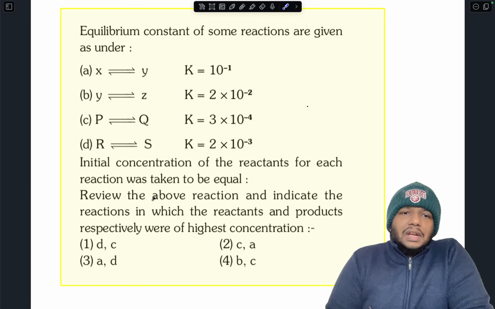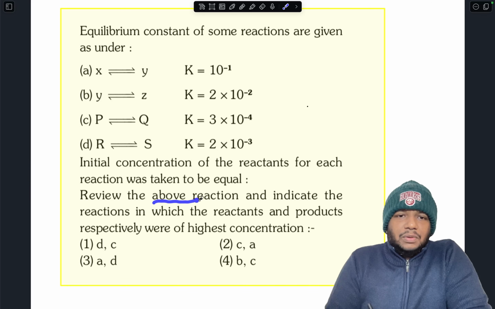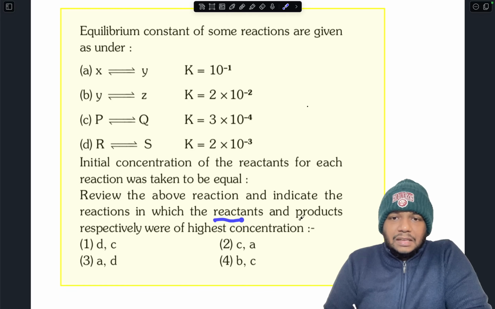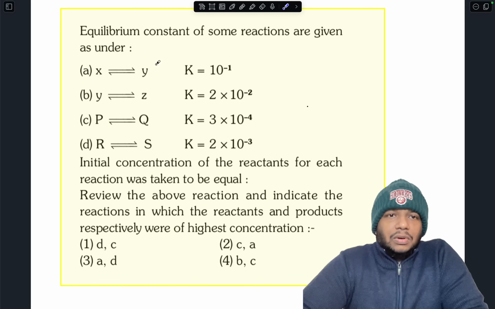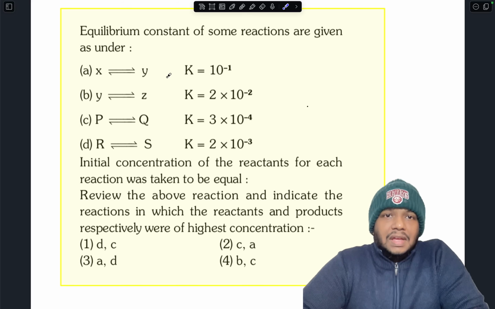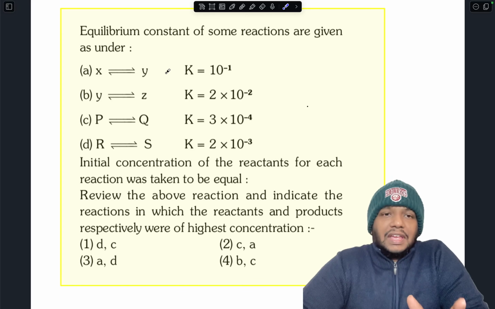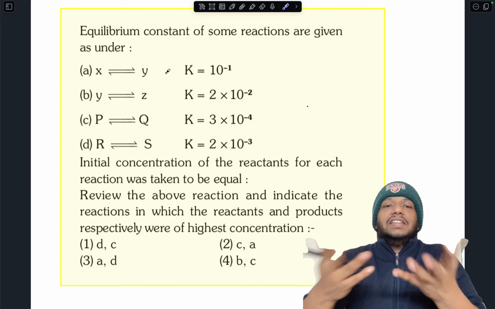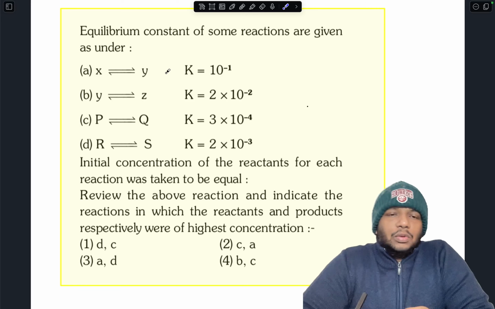Now they are asking us to review the above reactions and indicate the reactions in which the reactants and products were of highest concentration. Out of these 4 reactions, in which reaction is the reactant present in larger amount, and in which is the product present in the largest amount? We need to calculate or find that out.